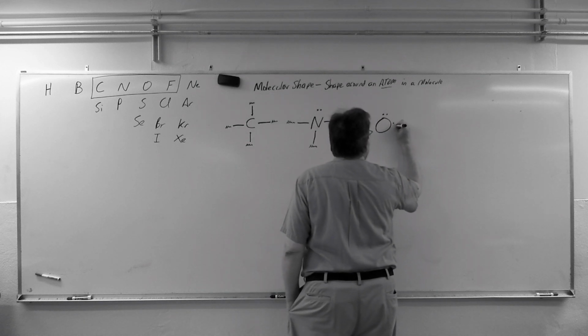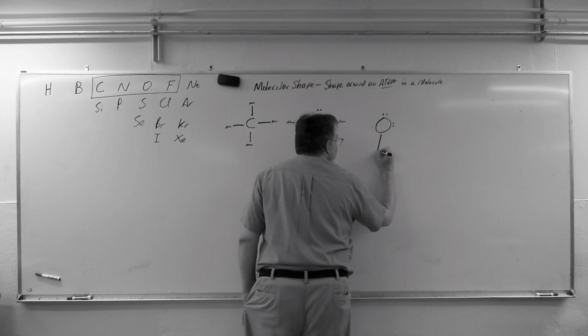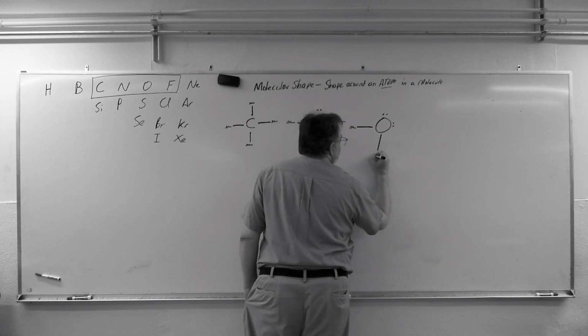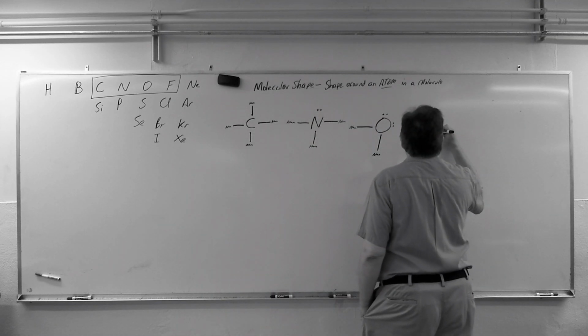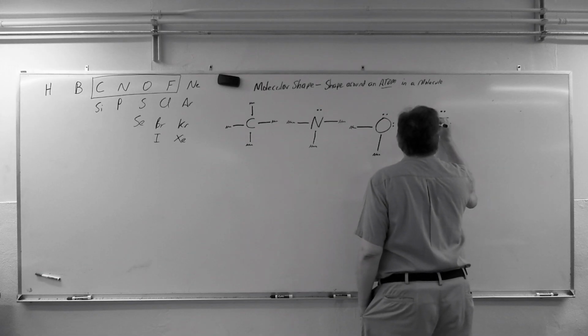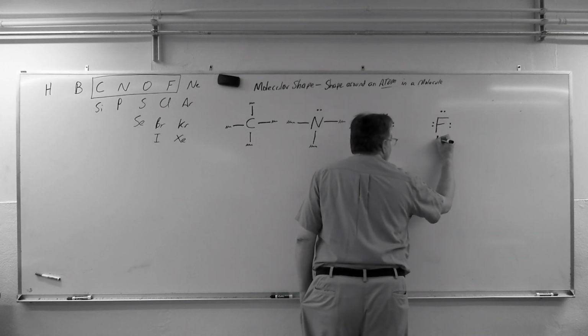That one had two pairs, and then dots like that. These will become bonds. Atom there. And I'll finish it out with fluorine. That's what fluorine would be, but I'll draw this out and see.